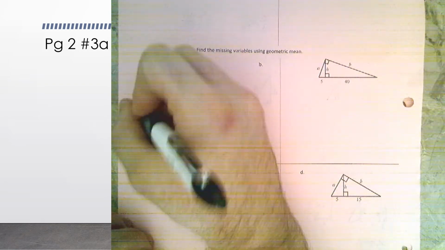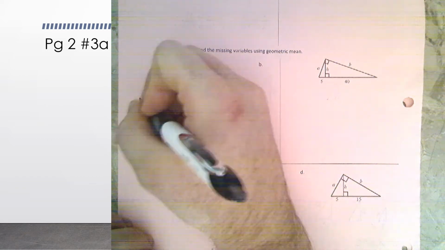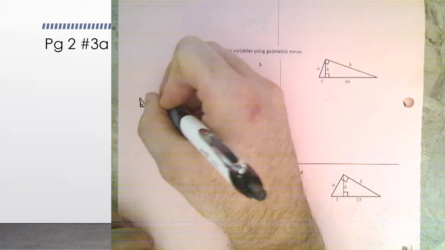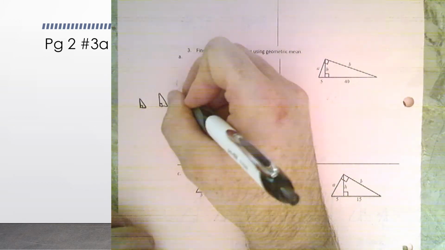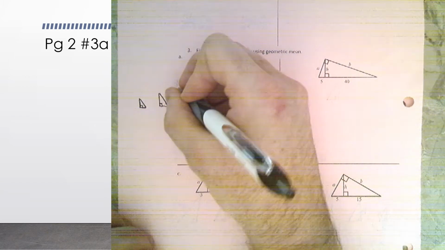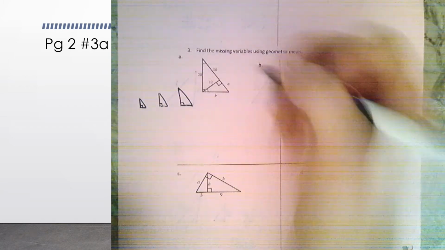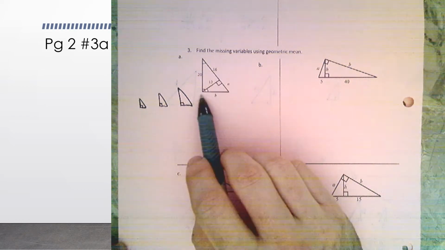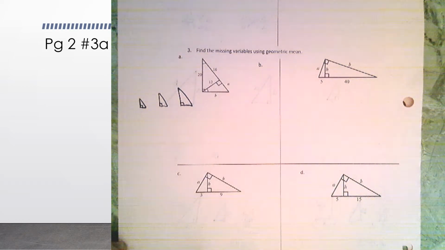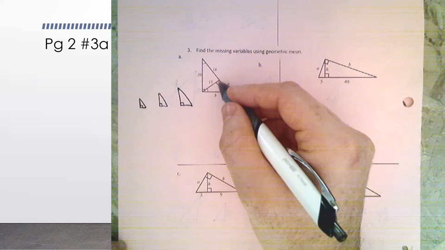So we're going to have our small triangle, our medium-sized triangle, and our large triangle. And we're just going to set up each side so we know which ones to put with it. So if I look at the small triangle here, the A goes with the shortest side.